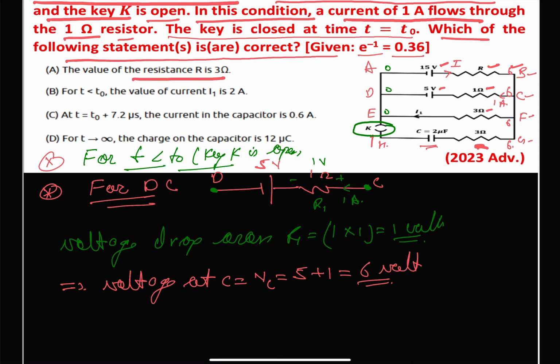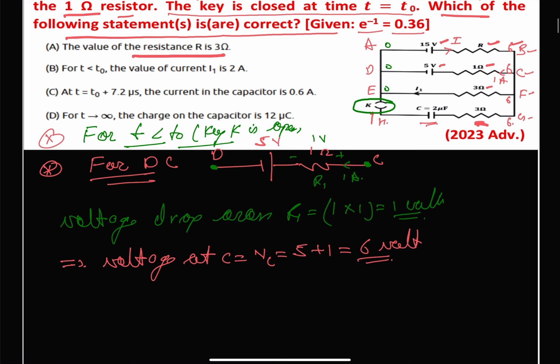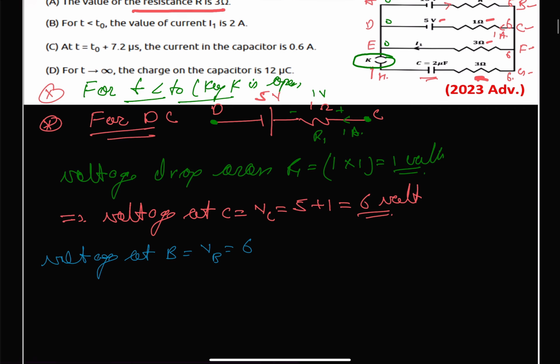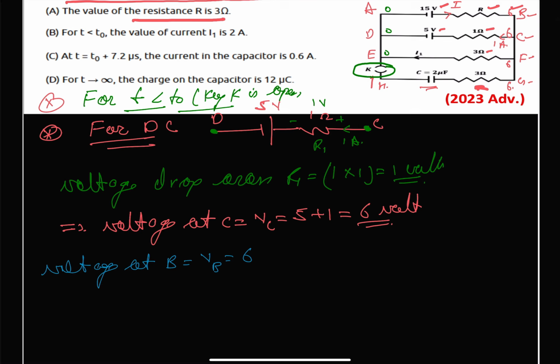So we found that the voltage at B, let us call that VB, will be equal to 6 volt. Let us consider branch AB.